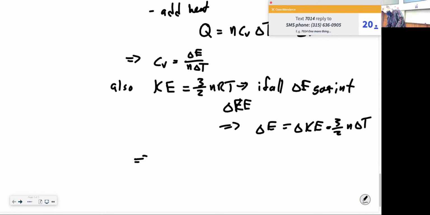So we can make CV therefore equal to delta E, which we know is 3/2 nR delta T, divided by n delta T. The n delta T's go away. I forgot the R up here. I also forgot the R here. Sorry about that.